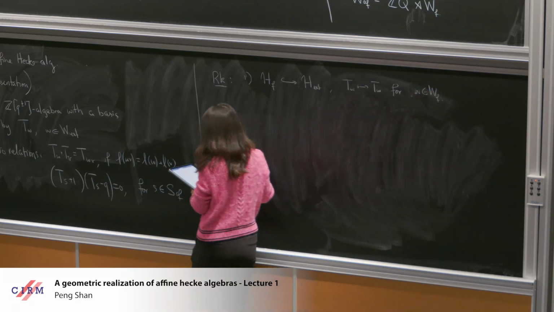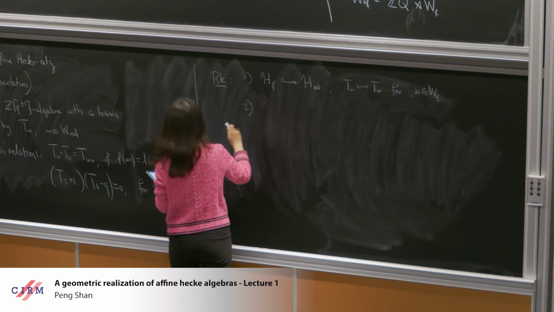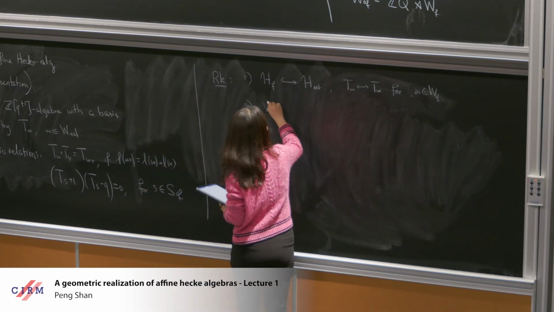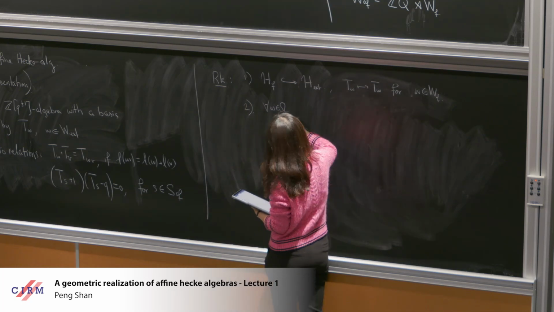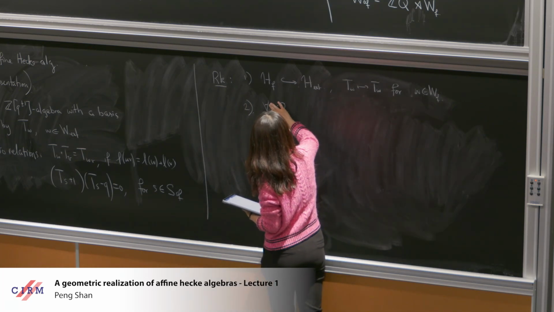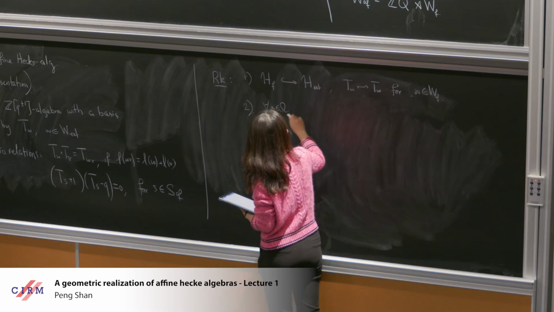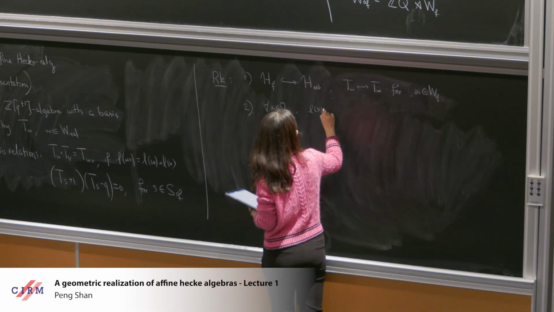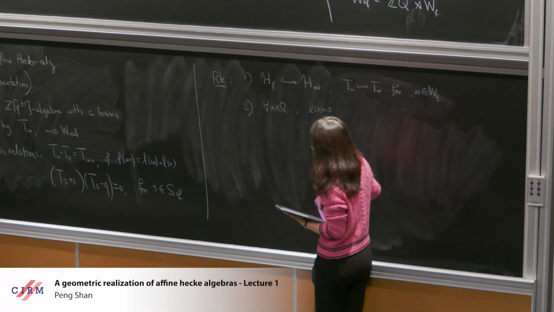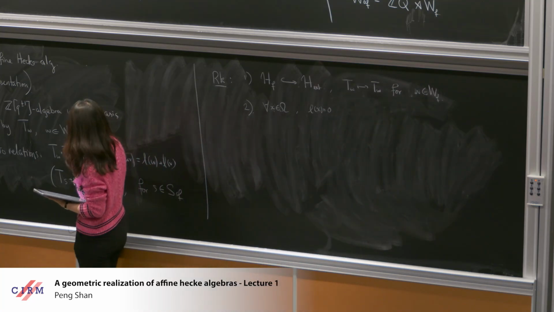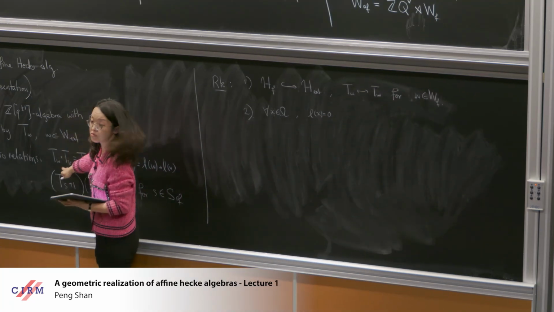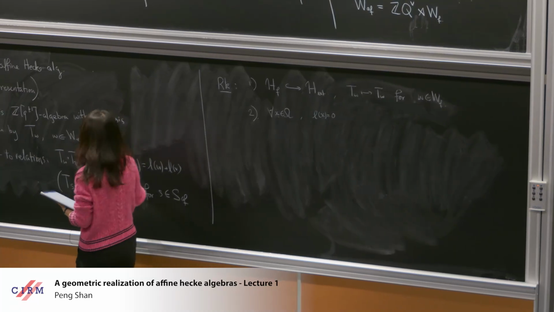And moreover, for any element x in Omega, as we just discussed, the length of x is 0, and so Tx is always additive, and invertible.